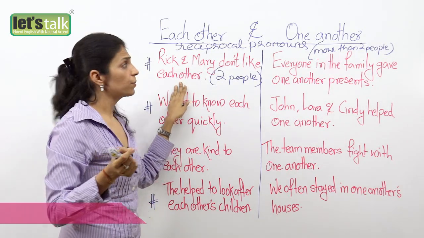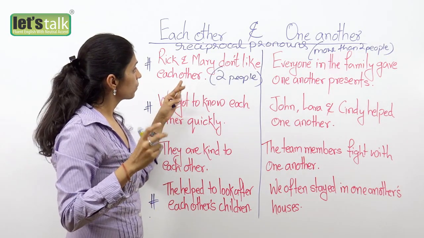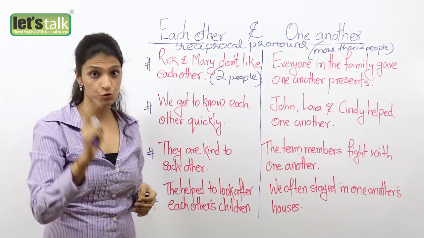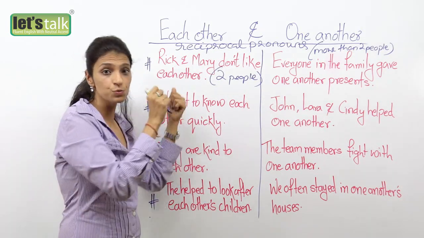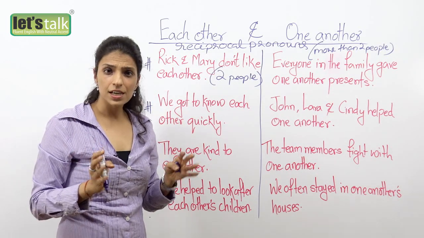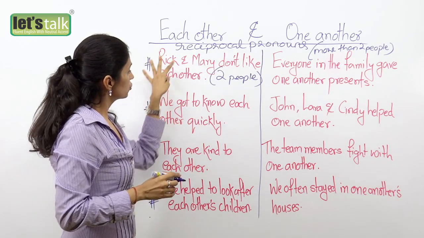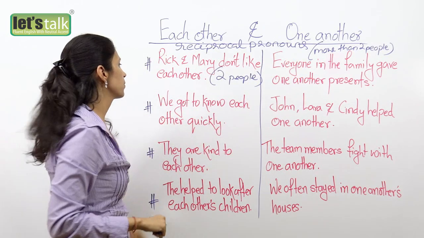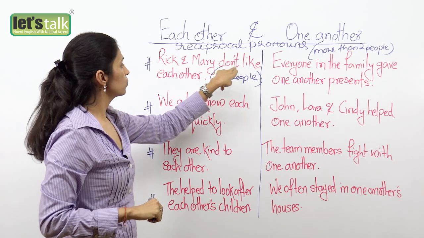So I'm going to tell you how to use it with two and more than two. You use each other when you talk about two people. Again, you can use one another because today people use it interchangeably, but traditionally it was always like this: each other for two, more than two, one another, and they reciprocate. So Rick and Mary don't like each other.